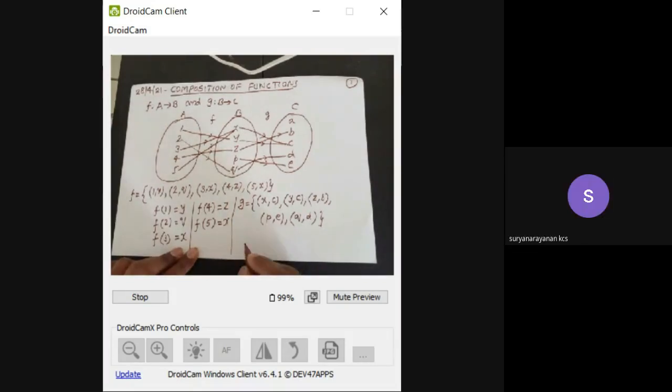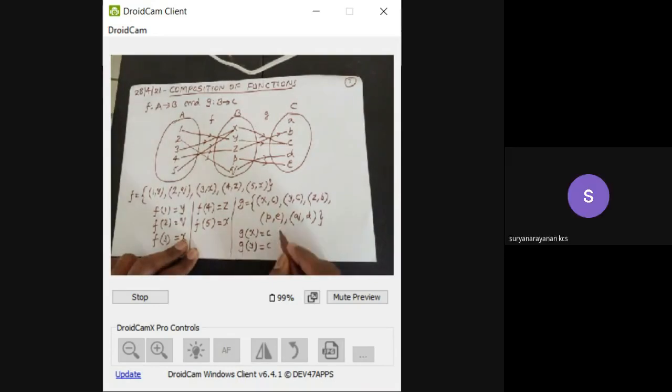The image of x under G is equal to C. G of x is equal to C. Next, the image of y under the function G is equal to C. Similarly, the image of element P under the function G, G of P, is equal to E. Very good.